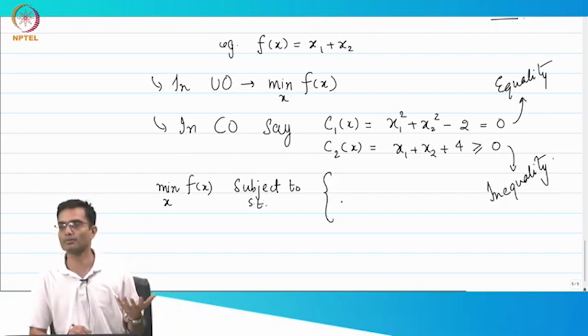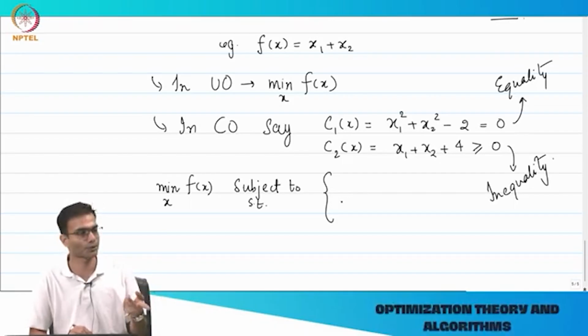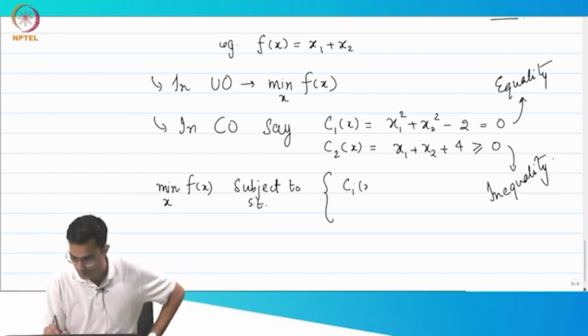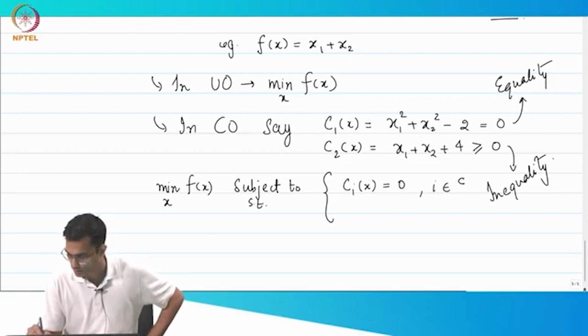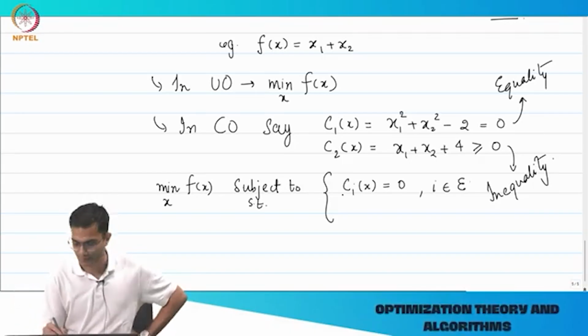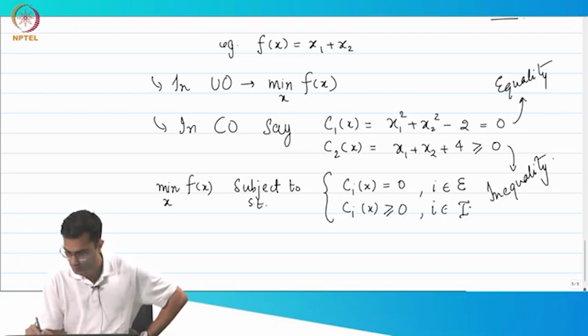Your constraints come in basically two flavors. Unlike Baskin Robbins, there are only two flavors here: equality, inequality. There's nothing else that you can really think of. So ci(x) is equal to 0, i belongs to E, the set of equalities, and ci(x) is greater than or equal to 0, i belongs to the inequality set.